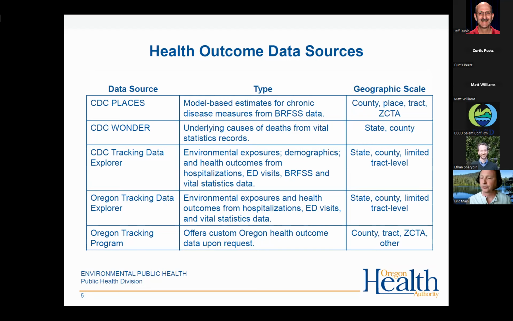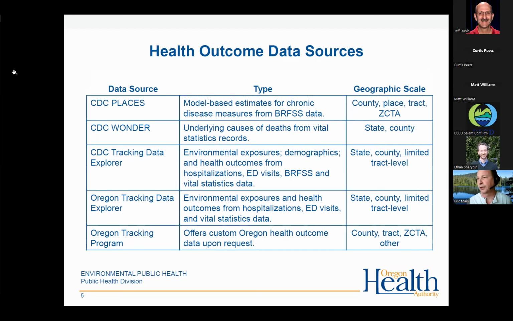So it includes cause of death, by ICD-10 codes. There has to be a minimum of 10 deaths per whatever the geography that's being used in order for those data to be reported. So if you're down at the tract level, there would end up being a lot of data suppression.